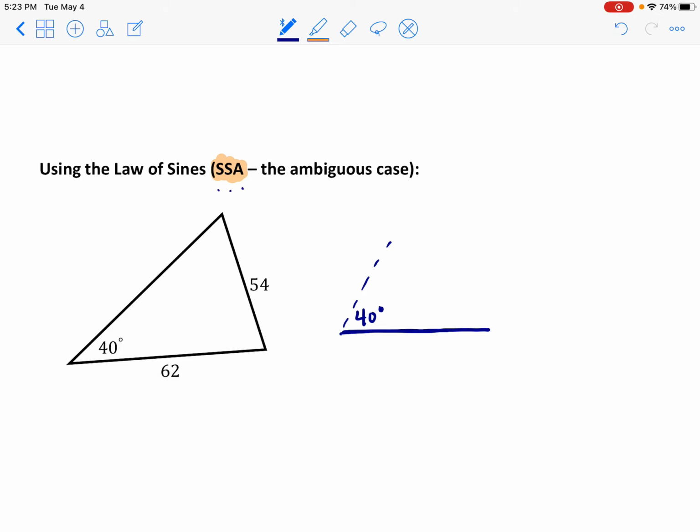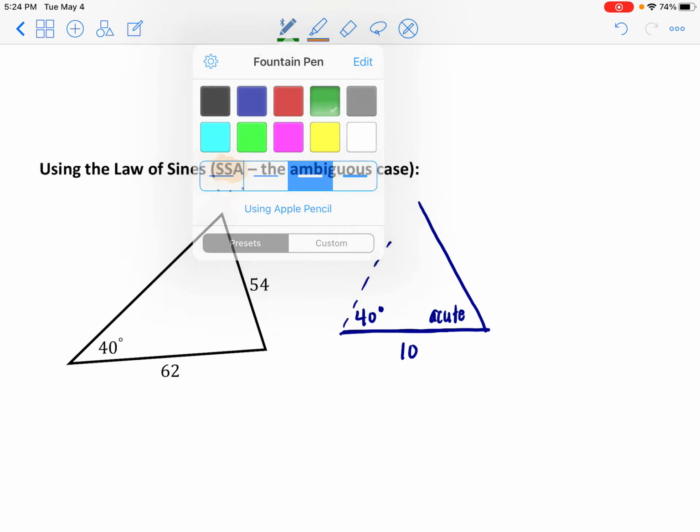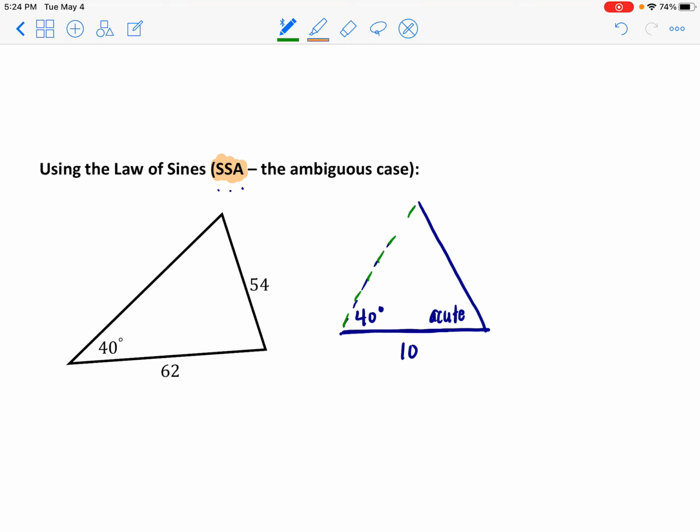I just didn't want to write that backwards. So let's say this side length was 10, and then I gave you another side length of 10, and there are lots of ways you could draw that side length of 10. I could draw the side length of 10, let's say here, with an acute angle, and then your third side could end up being like this.